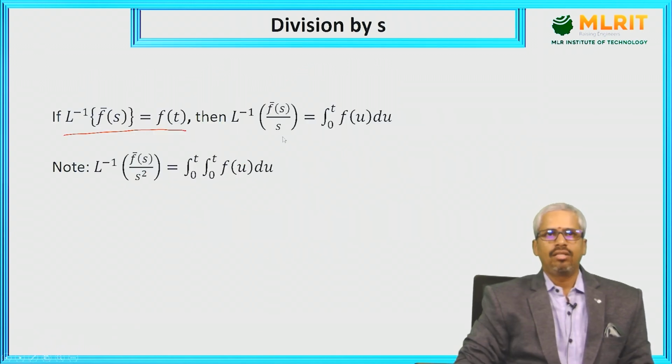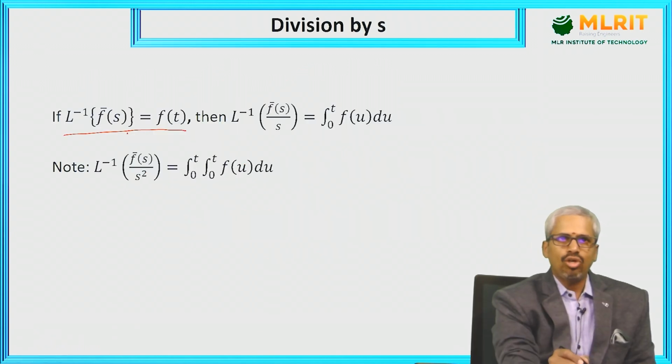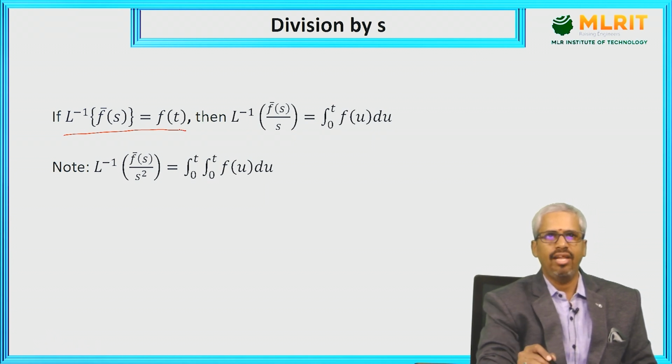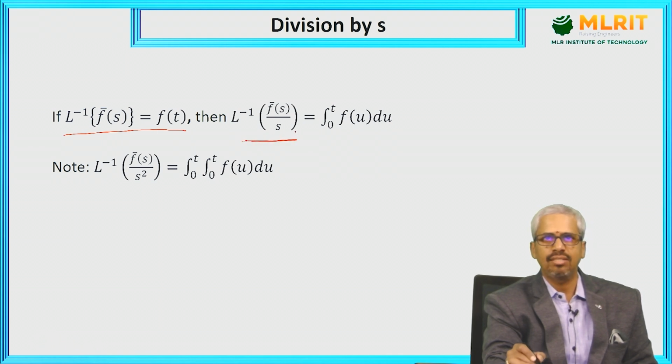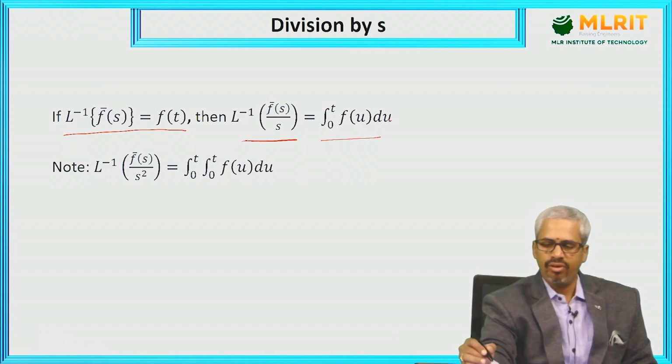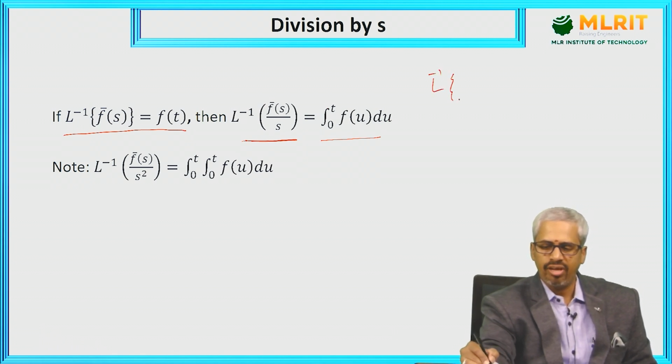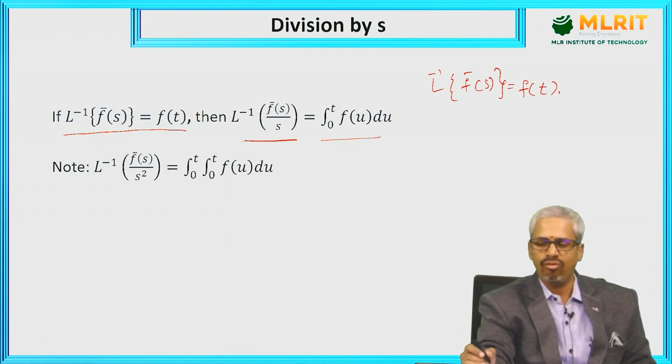So, let us see division by s. L inverse of f bar of s is f of t. This is by definition of inverse Laplace. Then the inverse Laplace of f bar of s by s is the integral from 0 to t of f of u du. First we find L inverse of f bar of s, which we denote with f of t. Once you know f of t, we can write f of u, isn't it?